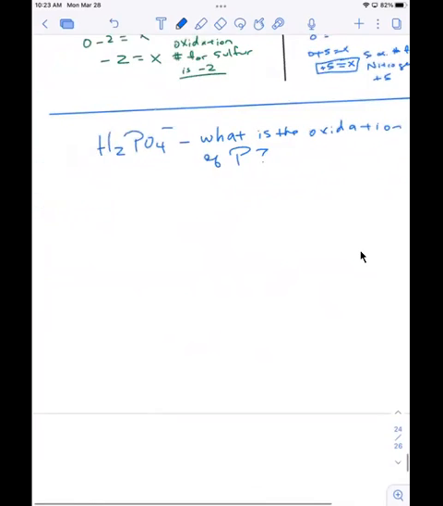We're going to solve for phosphorus. What do we know from the rules about H and O already? If oxygen is involved as an atom in a polyatomic or an atom bonded to some other atom, what's the oxidation state for it, or the oxidation number?